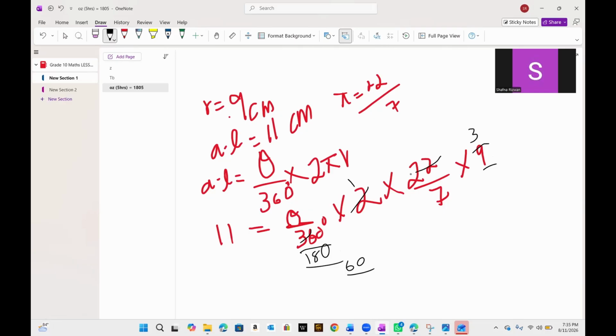So 22 divided by 2 is 11. 60 divided by 2 is how much? 30. And then again, which one can you do? 30 and 3 you can cancel. 3 divided by 3 is 1. 30 divided by 3 is 10.